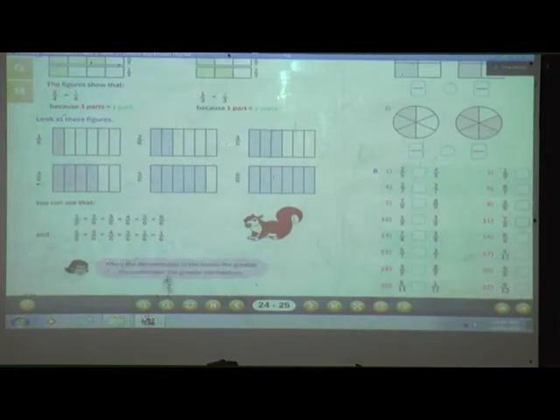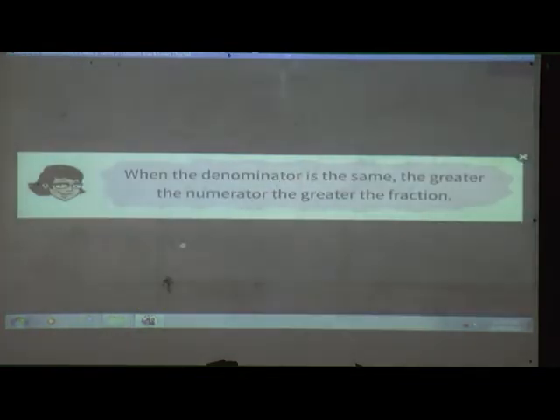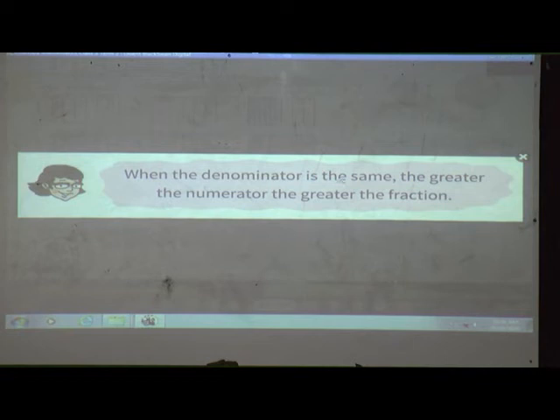Now one thing I want to tell you: when the denominator is the same, that is, if the fraction is a like fraction, then the greater the numerator, the greater the fraction. We have to see only the numerator part.